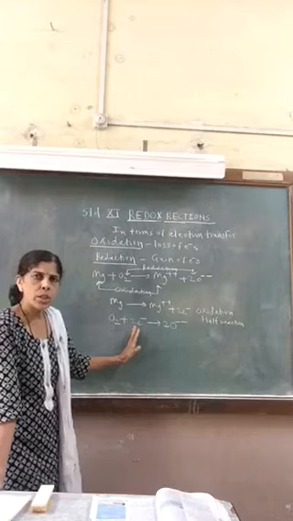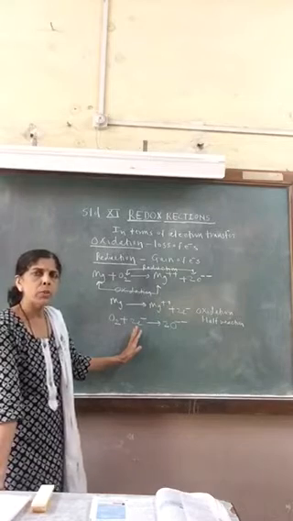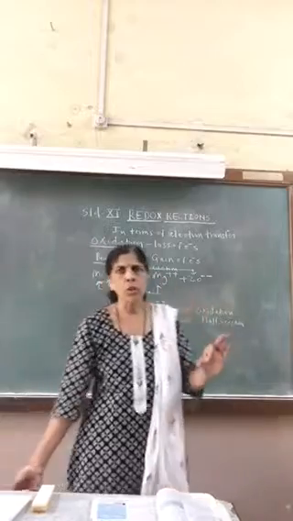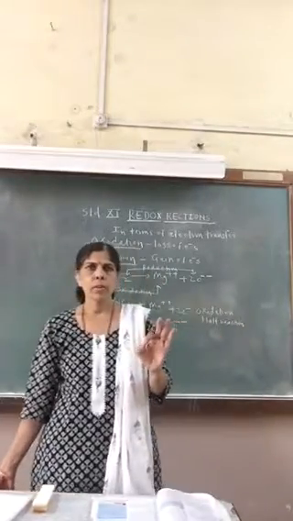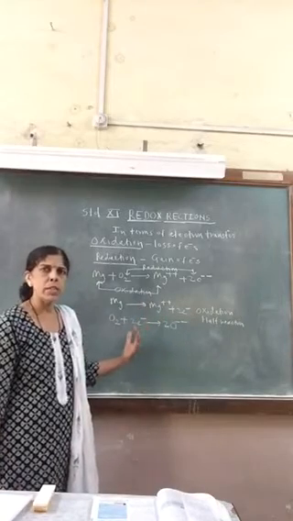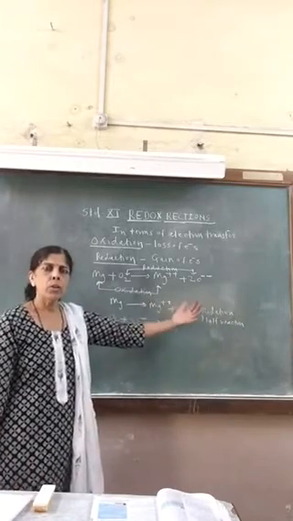The reaction is balanced in terms of electrons. If 2 electrons are given, the same number of electrons will be taken. It will never happen that 2 electrons are given and 1 electron is accepted, or 1 electron is given and 2 electrons are accepted.